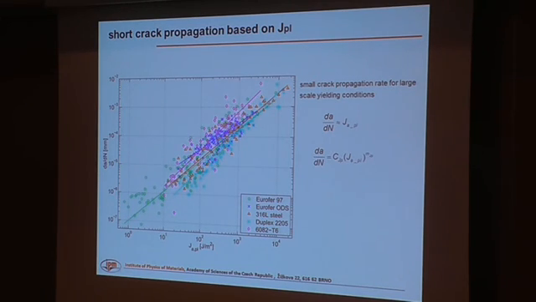So we can say that in this graph there is some band of small crack propagation. Then using this average data, it's possible to roughly estimate behavior of the small cracks in such kind of metallic materials. So that's all. Thank you for your attention.